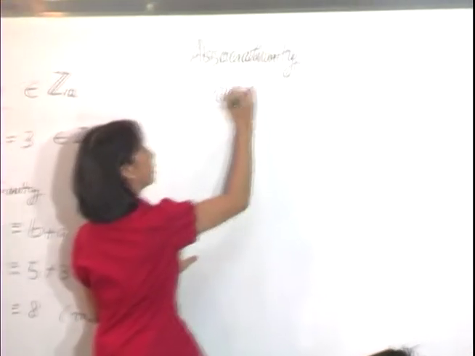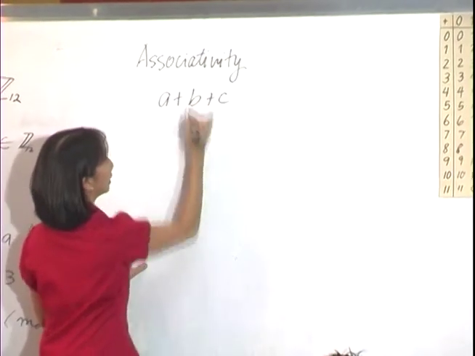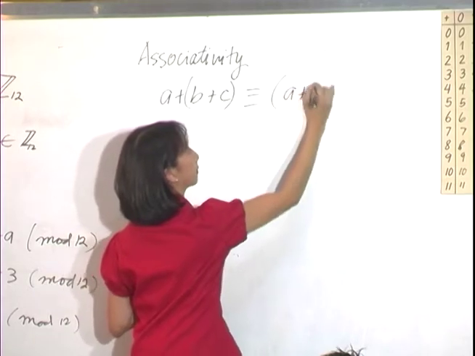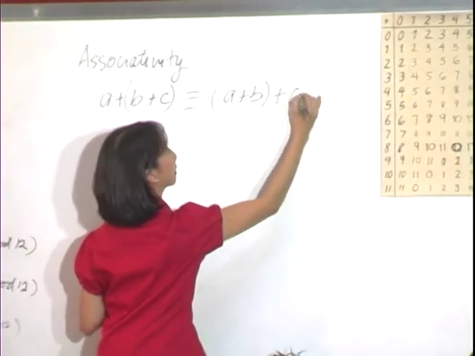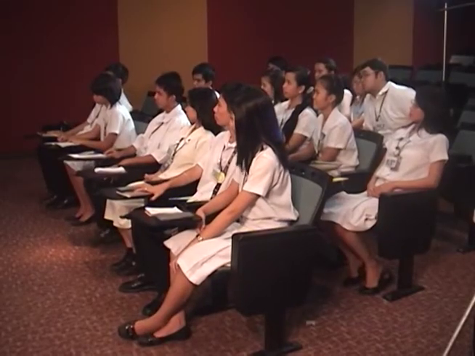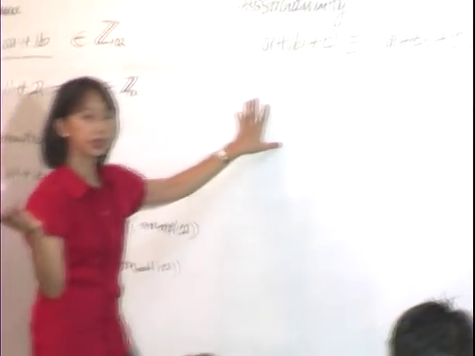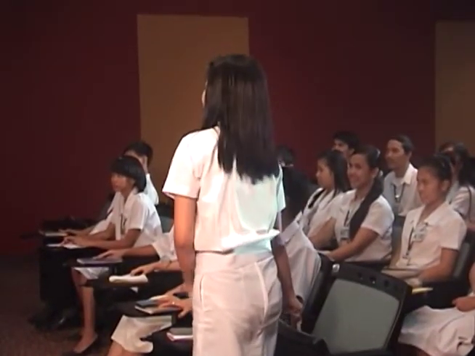So that means there should be at least 3 numbers. So A plus B plus C. Let me group here B and C. Is it congruent to A plus B, then plus C, in modulo 12? Let's see. Give me 3 values for A, B, and C. Yes, Mary? 2, 1, and 8.